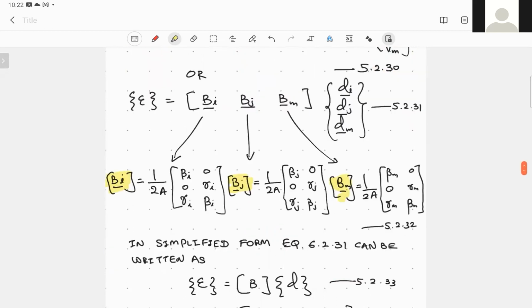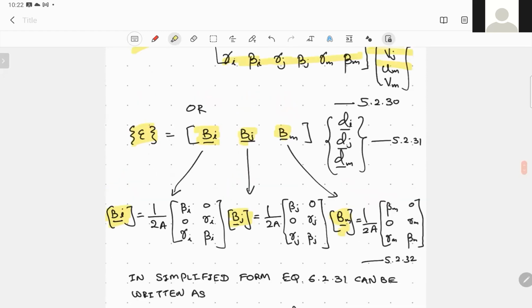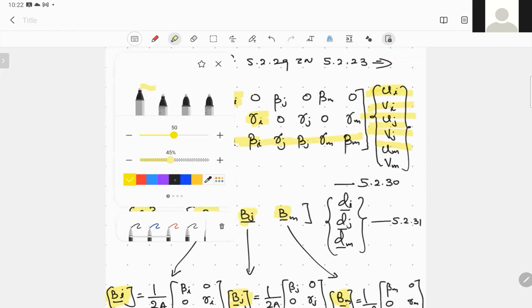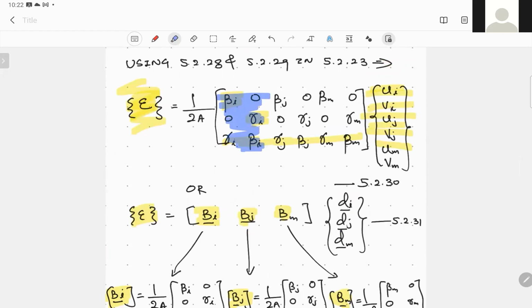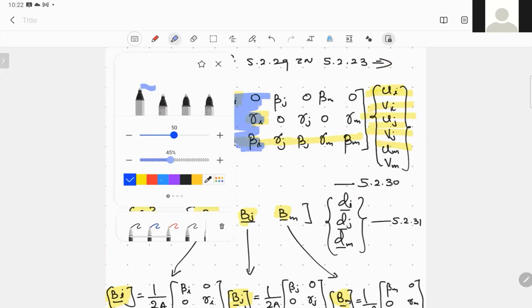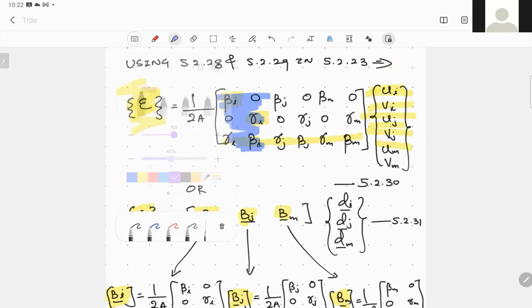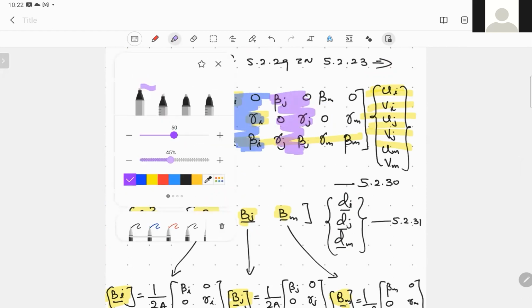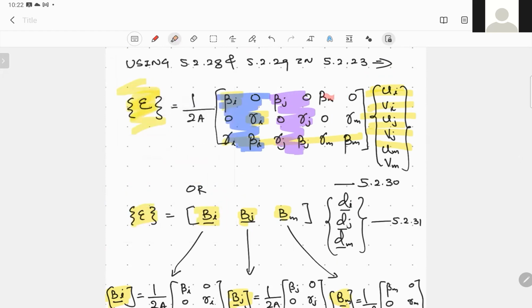So the strain matrix can be defined using three components based on the patterns you can see. These sections correspond to the ith node, these to the jth node, and this in the matrix corresponds to the mth node.